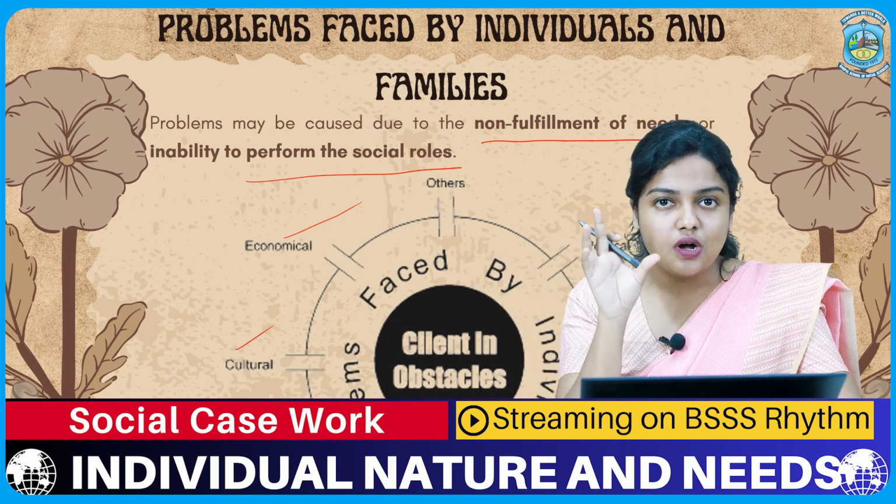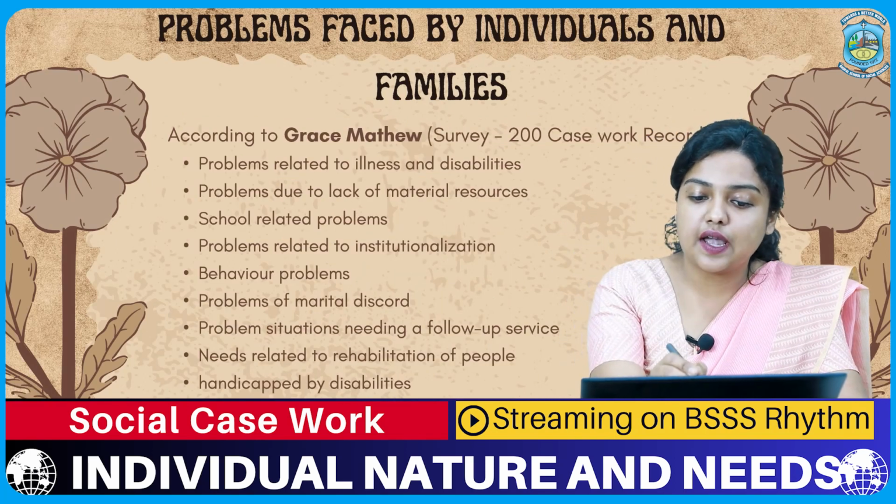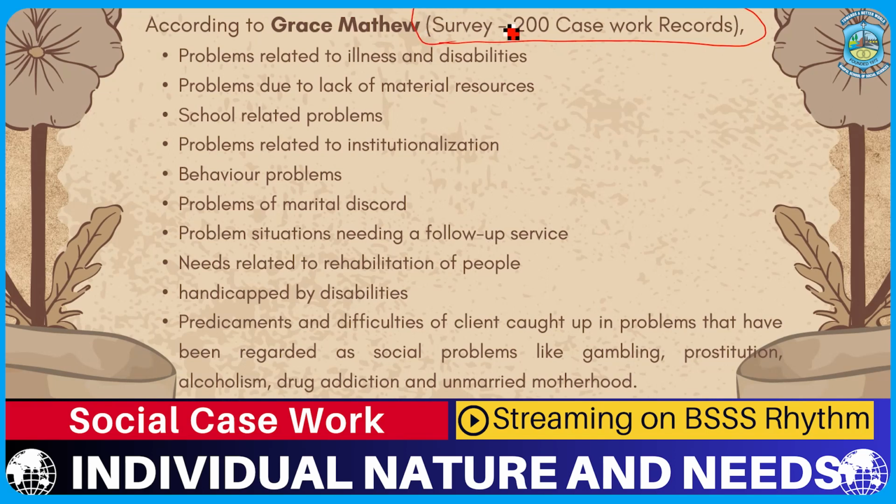But for studying, Grace Matthew did a research survey with 200 casework records, and she came up with certain problems that we will also discuss, and that is our last topic for today. These problems are related to illness and disabilities, any kind of diseases or disabilities of the individuals.